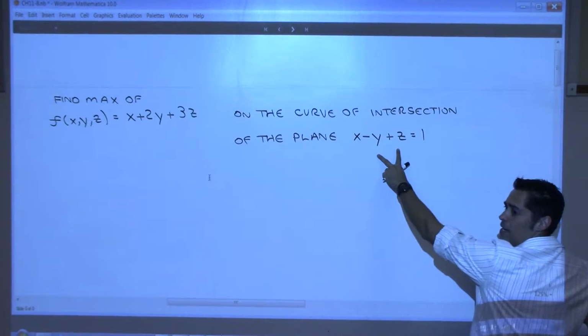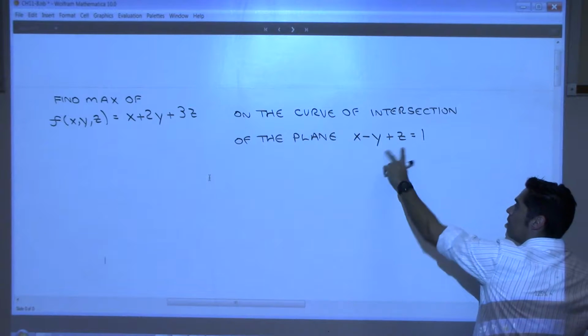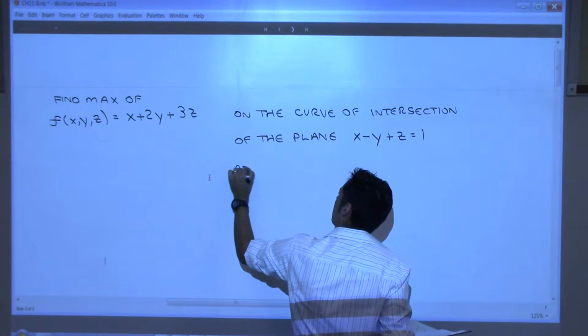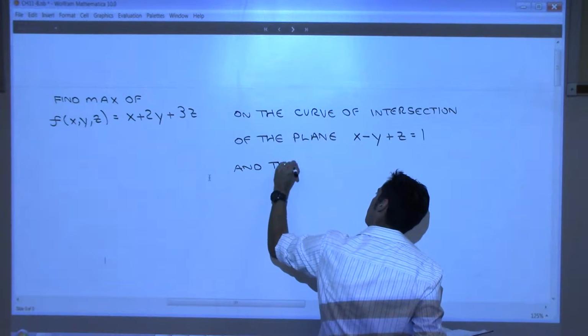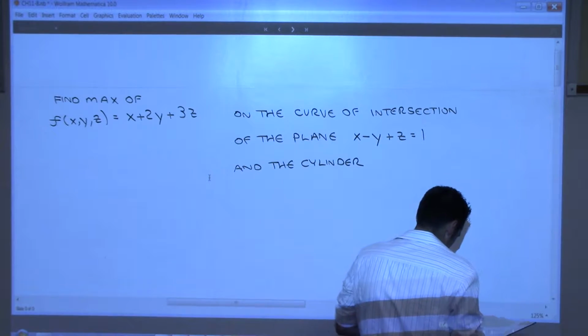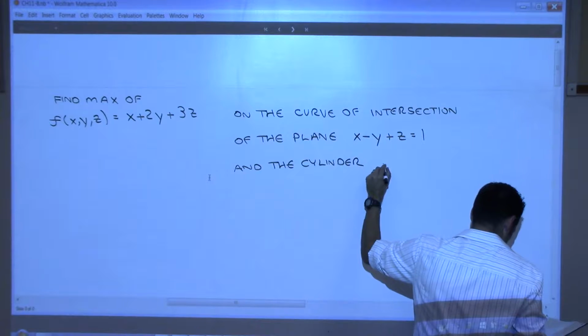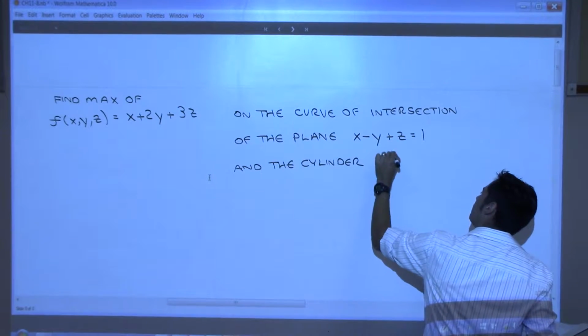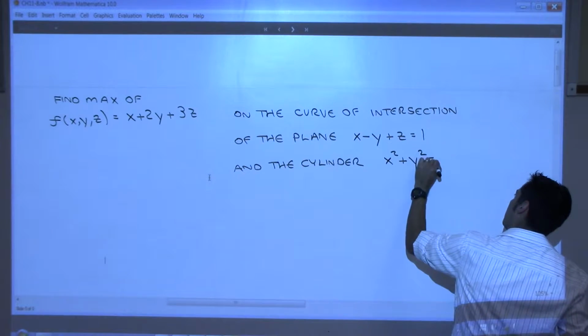That's the equation of a plane, isn't it? Okay, and the cylinder x squared plus y squared equals 1.